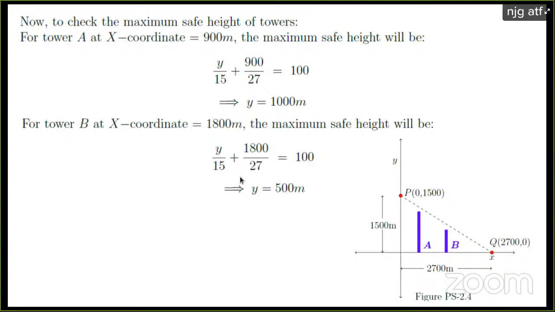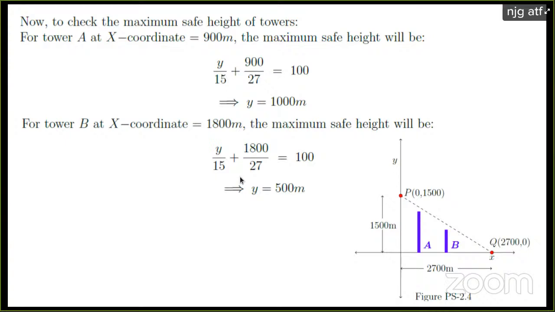So how do I find those maximum safe heights? Just substitute into the equation of the straight line. Substitute x equals 900 and get the y value. At x equals 900, you will get y as 1000 meters.